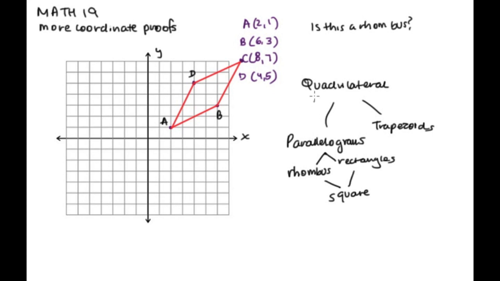So if we want to prove it's a rhombus, we need to prove it's a parallelogram first, because the order goes that way.